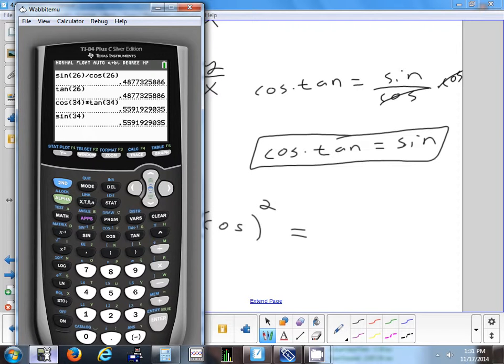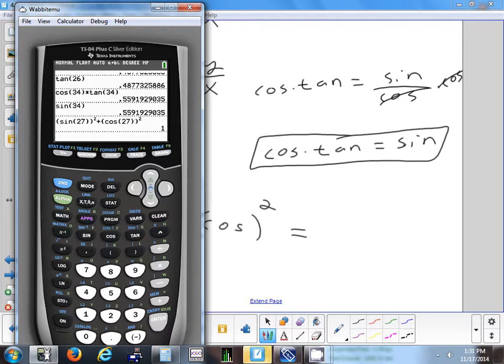Let's take the sine of 27, square it, take the cosine of 27, and I'm putting parentheses in so my calculator doesn't get messed up with order of operations. What do you think I'm going to get? Any guess? Let's see. 1.